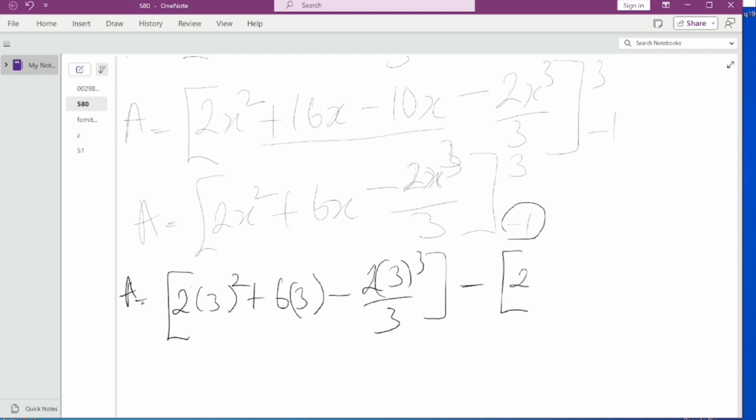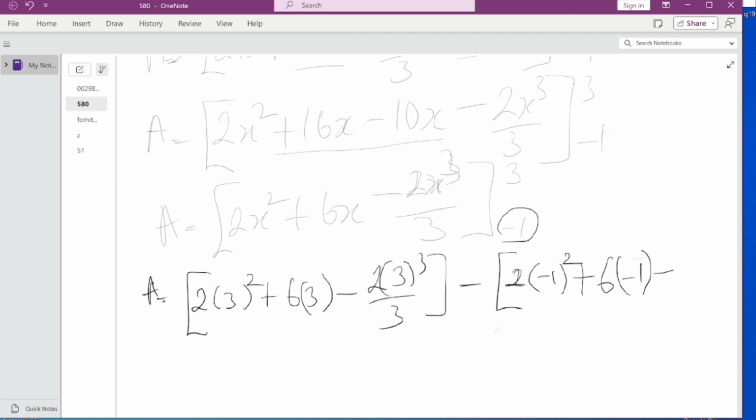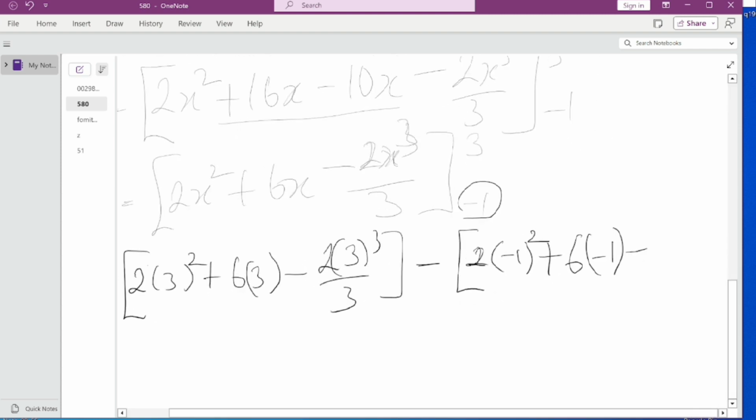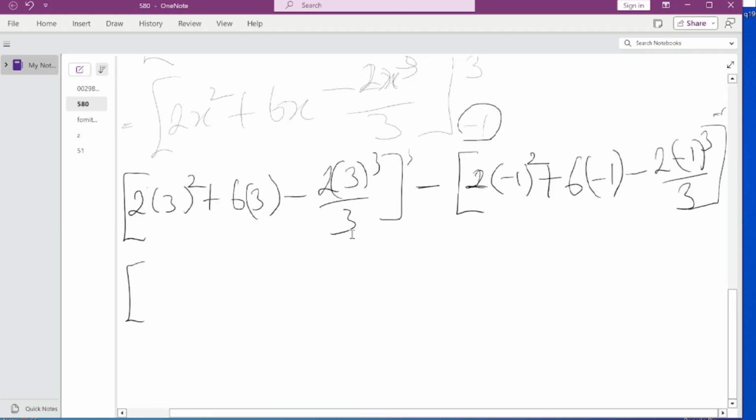We have 2 times minus 1 squared plus 6 times minus 1 minus 2 times minus 1 cubed over 3. Close bracket. We have inserted our x values, so we'll come on the next line and open the bracket.